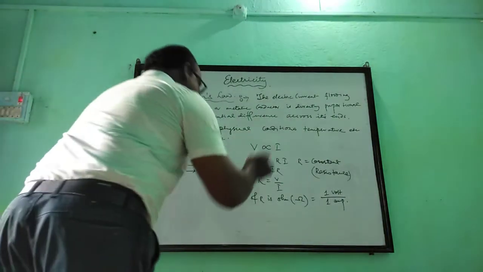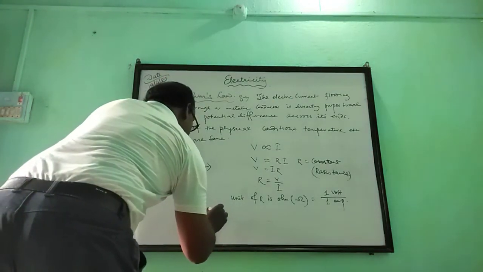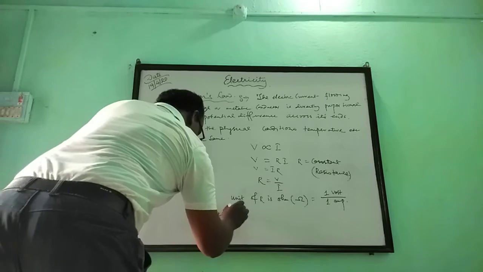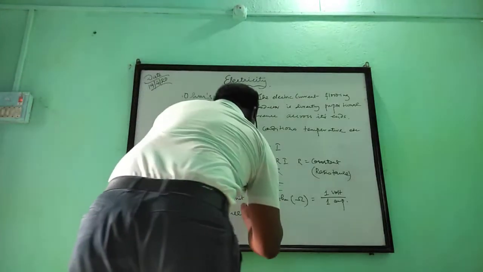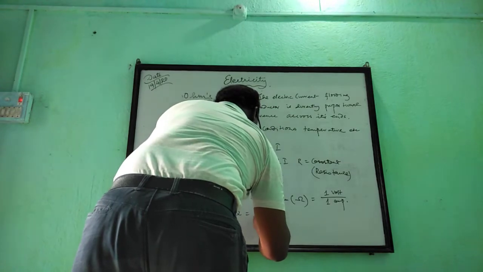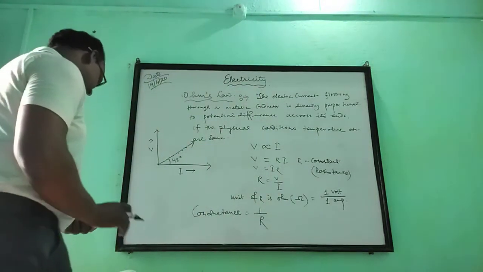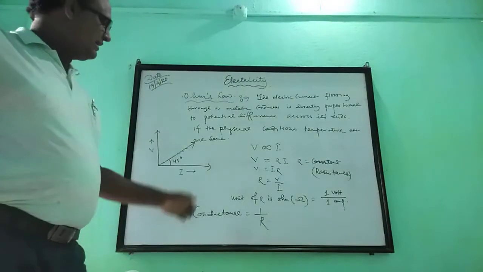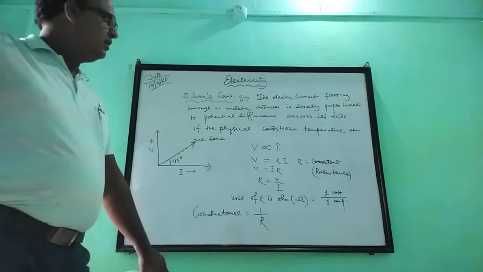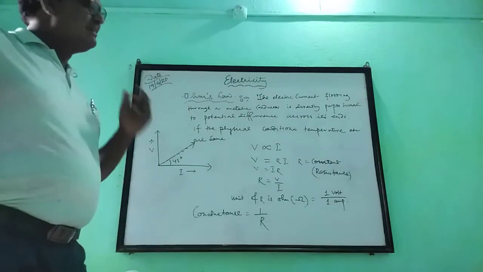Now, this is resistance and conductance. Conductance is the reciprocal of resistance, that is 1 by R. The conductance equals 1 by resistance. And we have to know also about resistance. What is resistance?